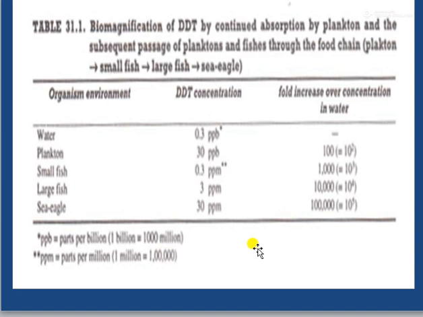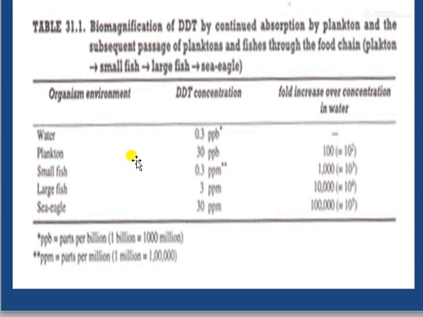Now, this is a table which is depicting this. The concentration of DDT in the water is 0.3 parts per billion. In plankton, it becomes 30 parts per billion. In small fishes, it becomes 0.3 parts per million. You just look at the difference between parts per billion and parts per million.